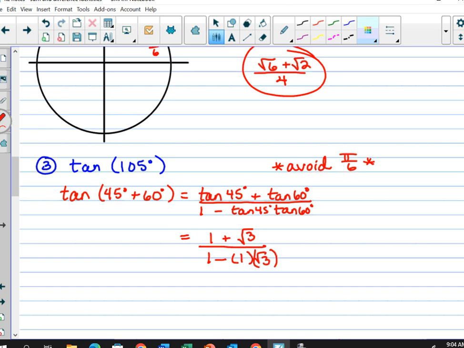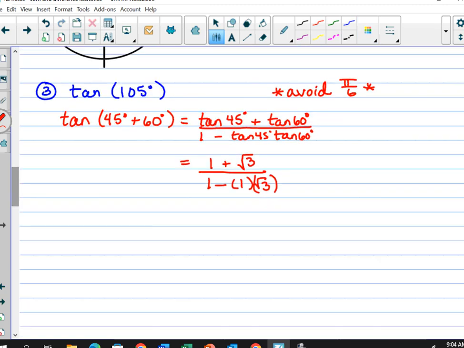So your numerator is 1 plus root 3, and your denominator is 1 minus root 3. Okay? We're going to rationalize that.